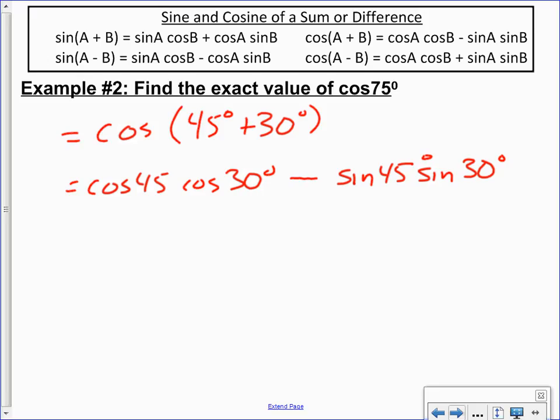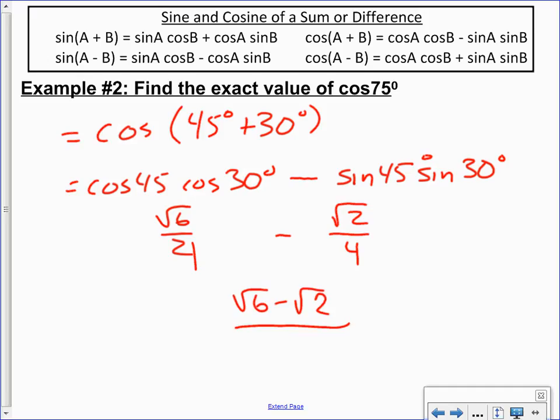So this is going to be the square root of 6 over 4 minus the square root of 2 over 4. The only difference from last time is the minus. It's still square root of 6, square root of 2, all over 4.